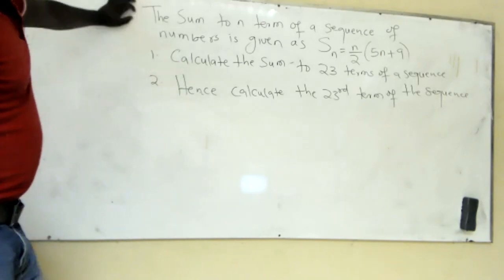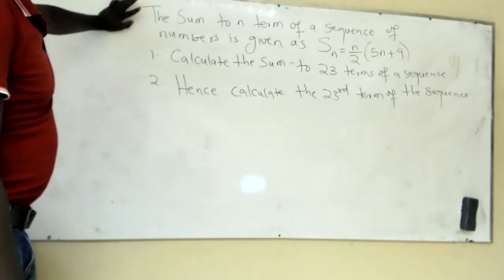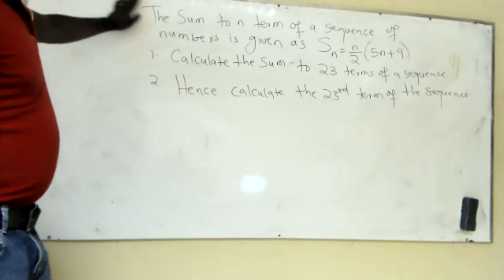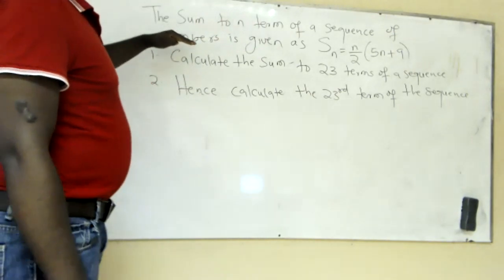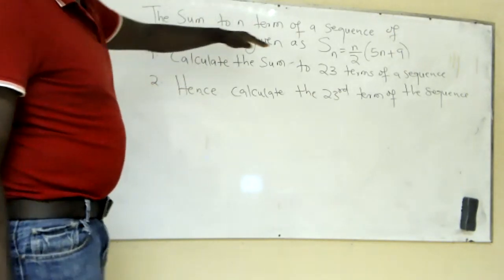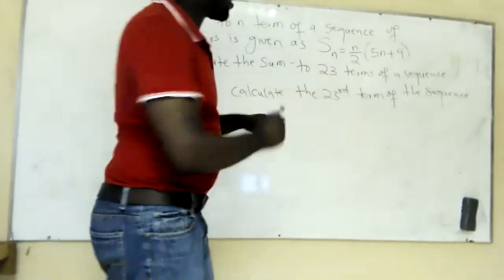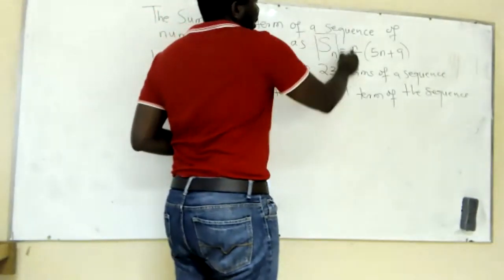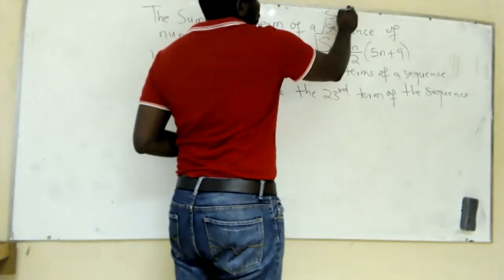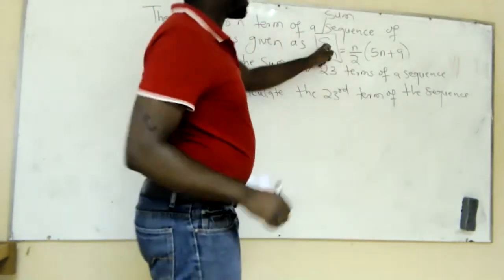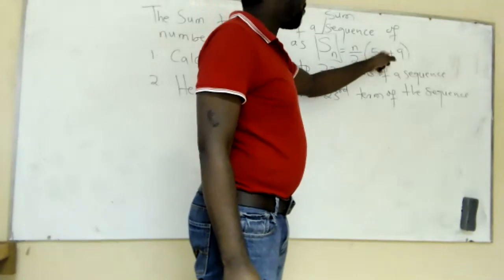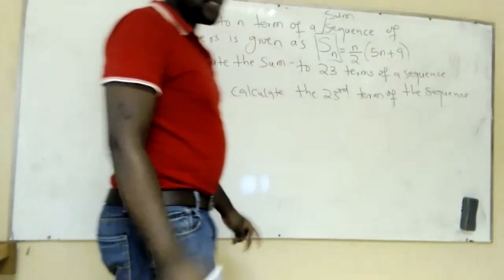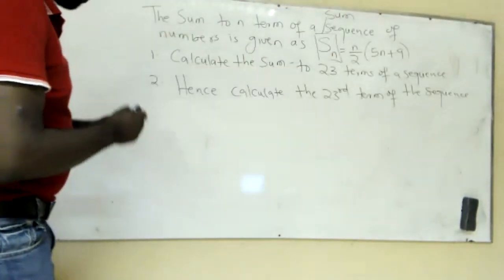We're given the sum to n terms of the sequence of numbers, given by Sn. Whenever you see this, just one thing must come into your mind. What do we call it? The sum. So the sum of the sequence is equal to n over 2 into 5n plus 9.